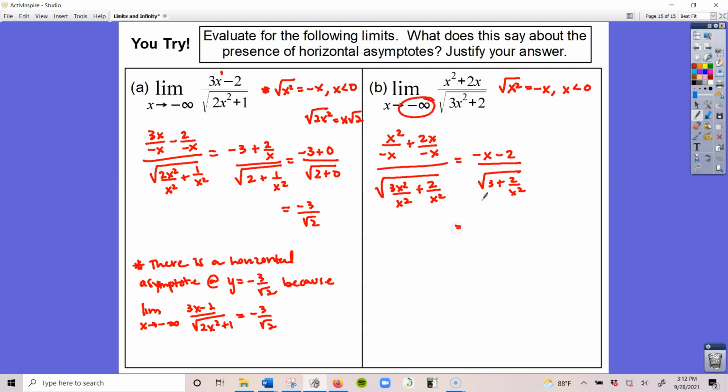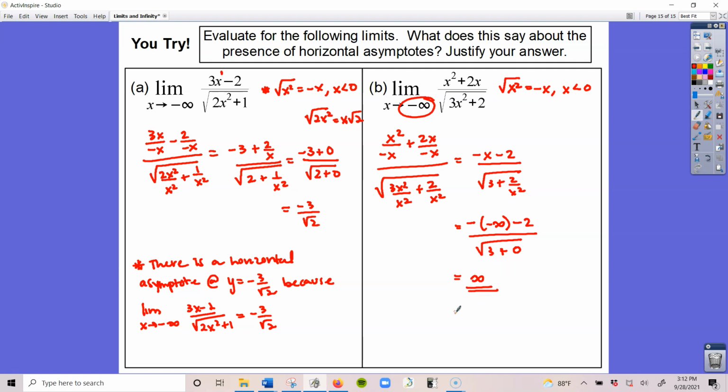When we plug in negative infinity, it will be negative infinity minus 2 over the square root of 3 plus 2 over negative infinity squared, which would still be 0. Negative infinity would be positive infinity. Minus 2 is still positive infinity. And over the square root of 3 is still positive infinity.